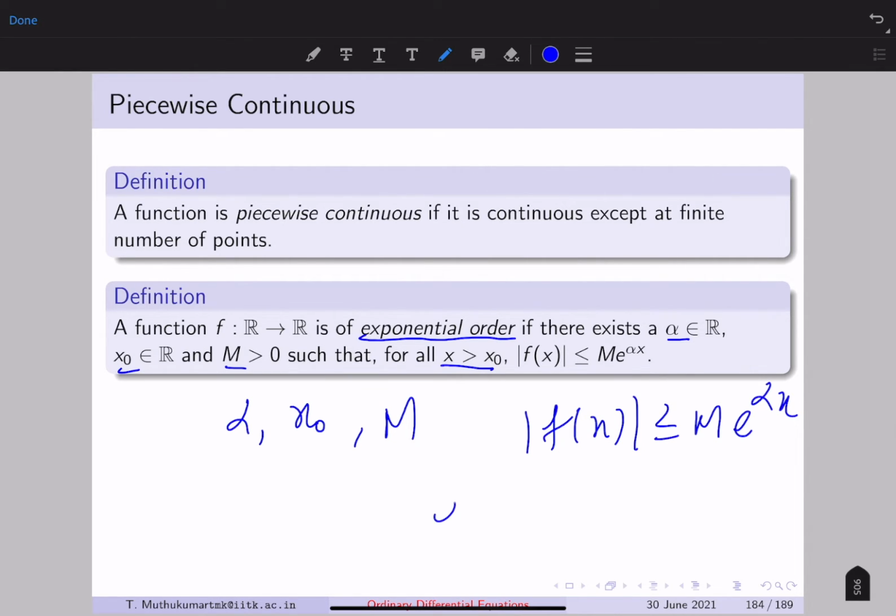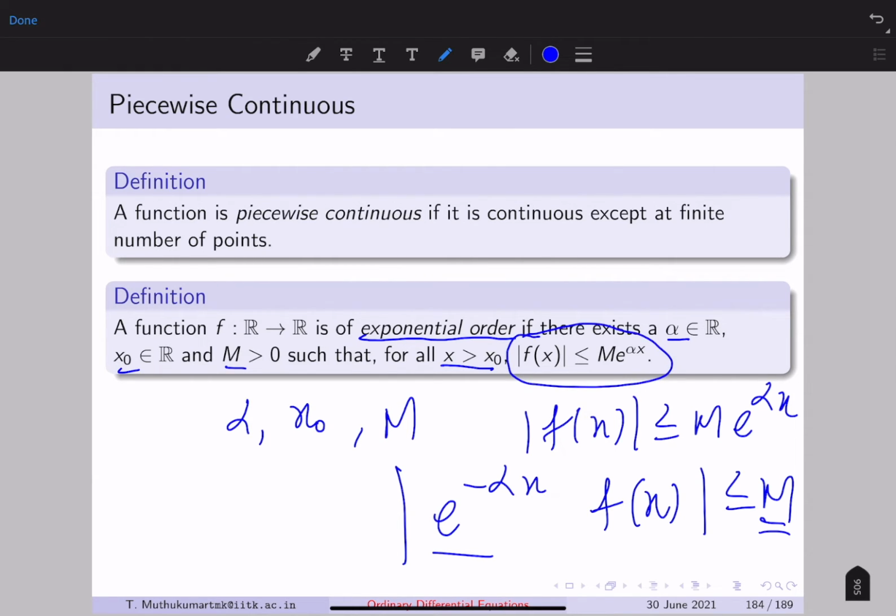What this basically means is that f times e power minus alpha x is bounded. You say a function f is of exponential order if you multiply that function by e power minus alpha x and that function is bounded. That's what this definition tells you. Then you say the function is of exponential order.